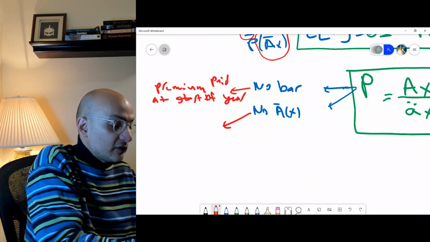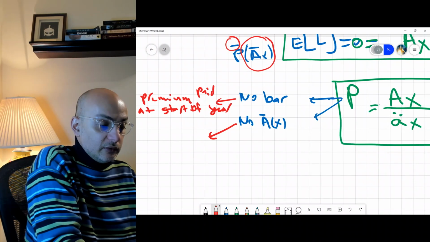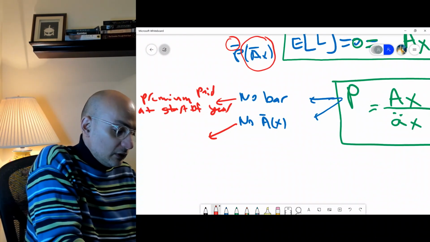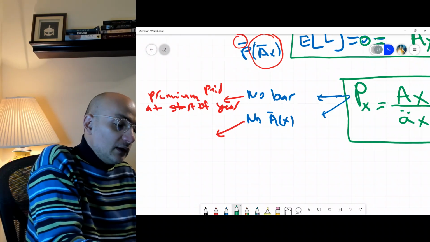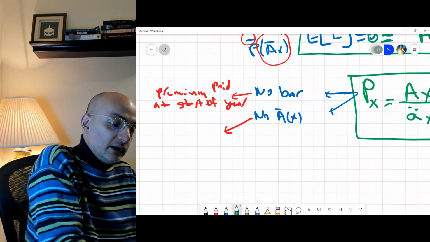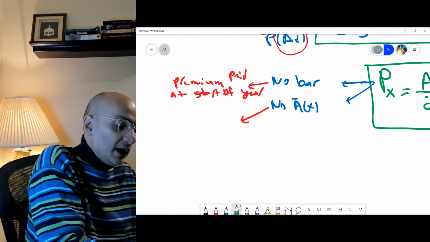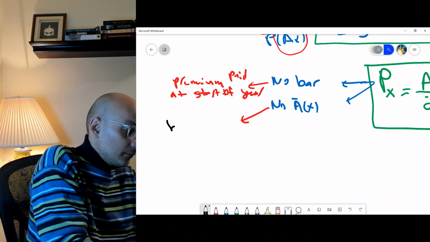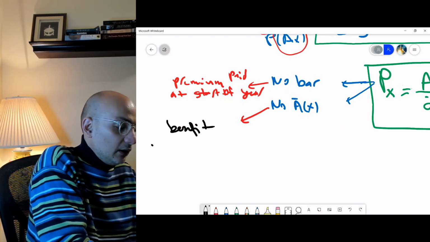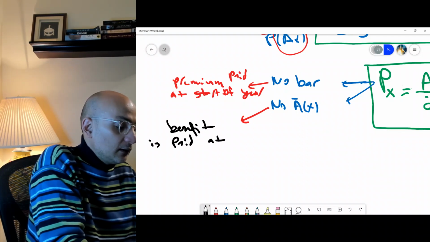And no X bar here, you don't see it. And what you usually see, there is X here. Yeah. But there is no X bar. And the no X bar is to say also here, what we say is benefit is paid at end of year of death.